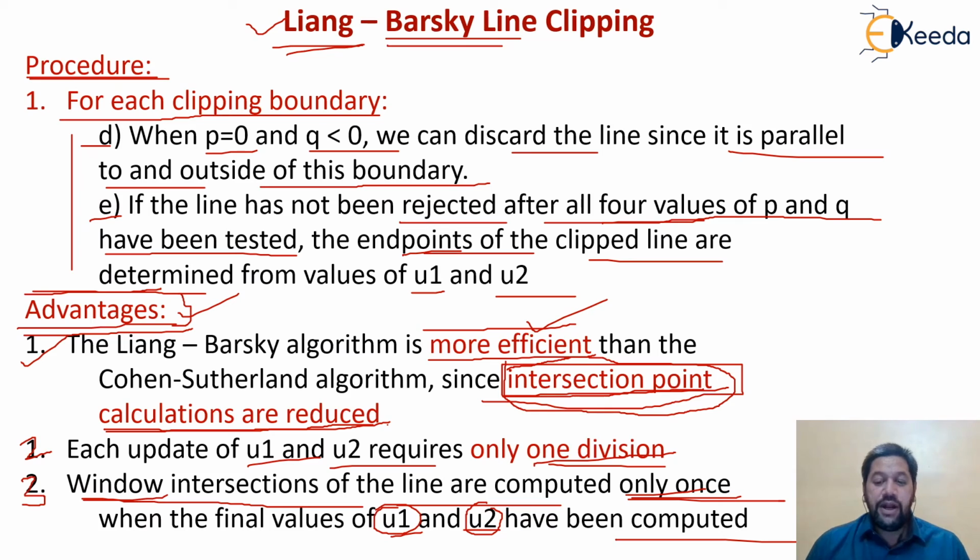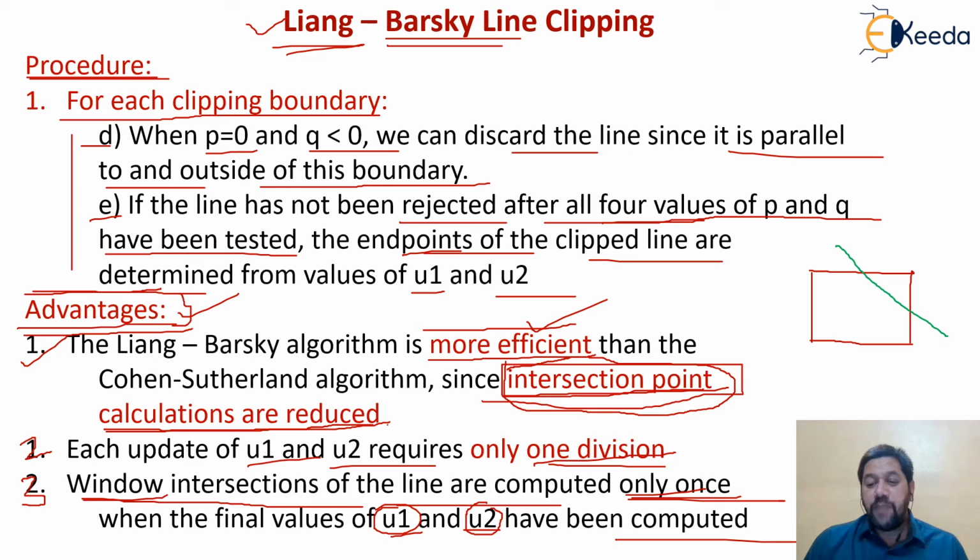Definitely, if the line is partial, without finding the intersection point it is not possible for us to clip the line. For example, suppose this is my clipping window and this is my line. After the initial step, I come to know that this line is partial.